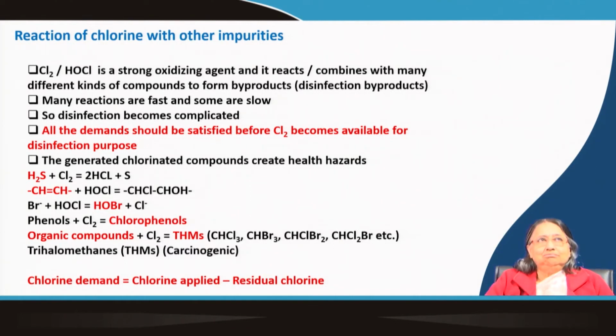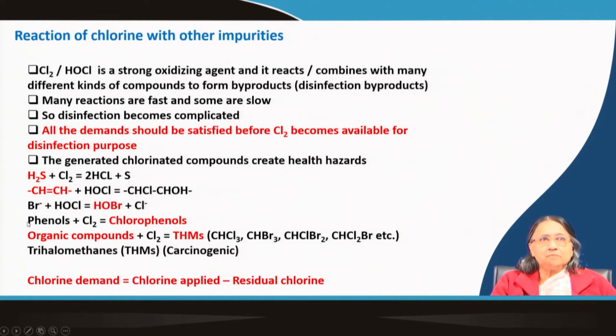In many countries we have shown chlorine based disinfectants, but bromine based disinfectants are also used. In some countries I have seen HOBr used in swimming pools. It has disinfecting property, but at the same time bromine is there, so we are not very confident about it.